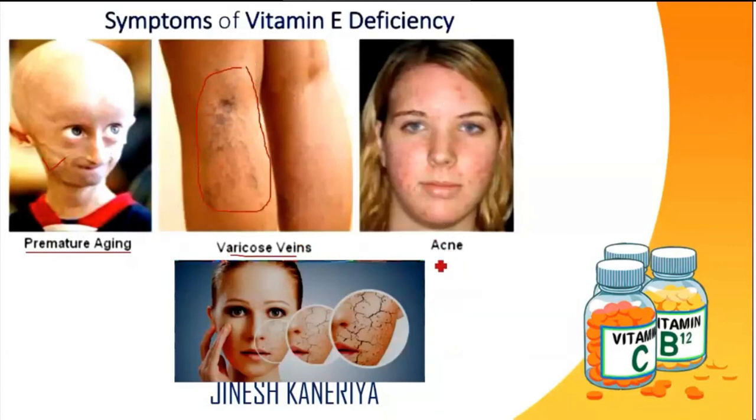Red spots or itching are also present on the face or throughout the body, or the skin becomes dry, or skin rashes appear on the body due to the deficiency of vitamin E. So these are the symptoms related to premature aging. Veins are seen on the surface of the skin. Itching or spots develop on the face, and the skin becomes dry due to the deficiency of vitamin E.